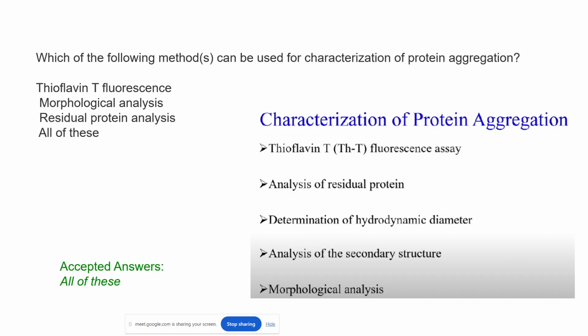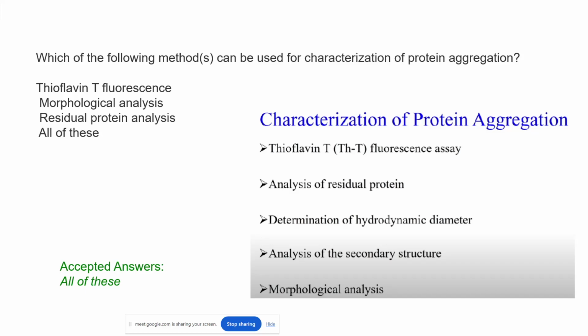As the alpha helices are converted to beta sheets, that leads to protein aggregation. So the more beta sheets, the more protein aggregation. That is how it is related. So thioflavin T basically detects these beta sheets in the protein aggregates.